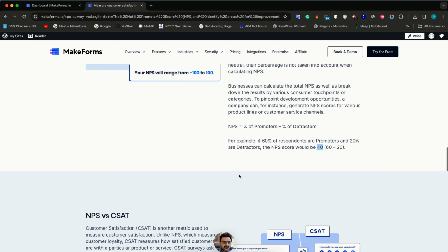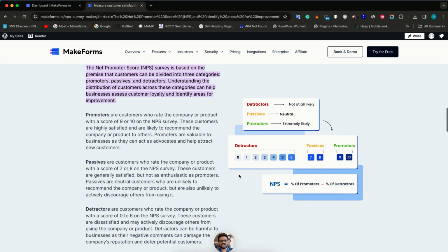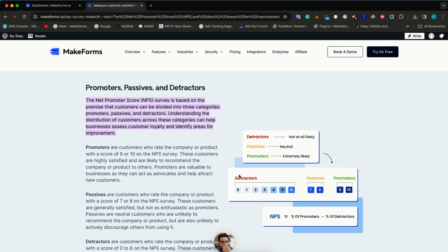So this is all about the net promoter score, what it is and how it's done. The one problem with this is that it really does not take into consideration the passives. The score is just promoters minus detractors.